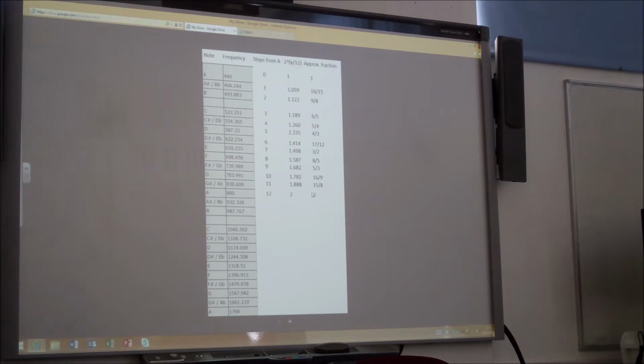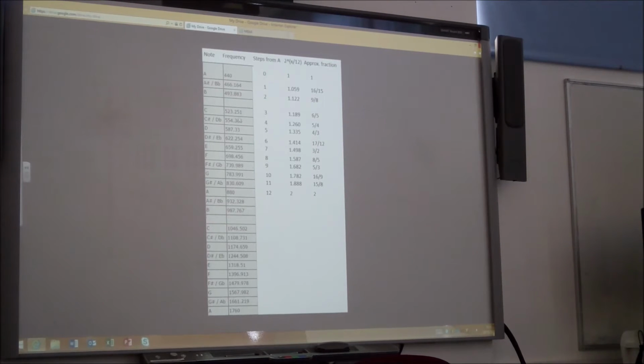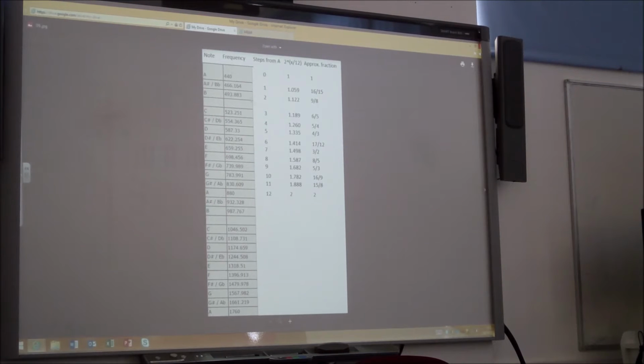And we can look at this again in a different way. So if we rather than just looking at the 1.5, which would be the simplest fraction between 1 and 2, look at the other ones as well. So this is just taking, say, 523 over the base note of 440, which would give 1.189, and within a 1% margin of error, that is 6 over 5.